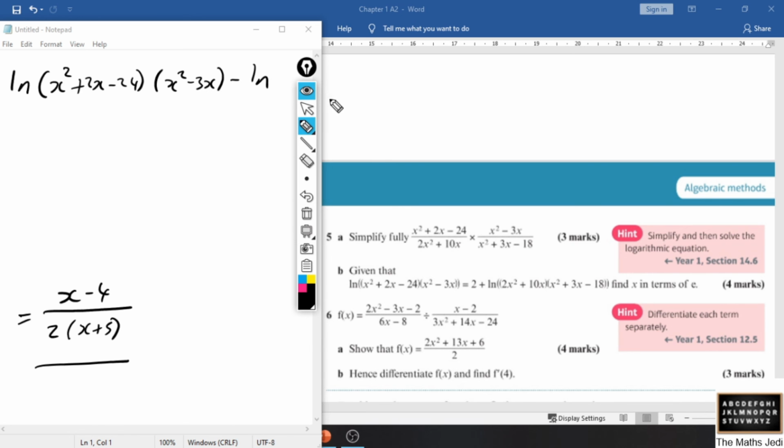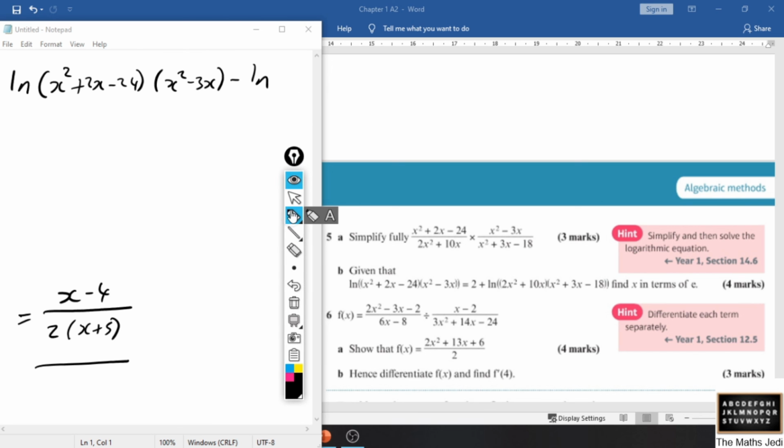So all this stuff's going to move. I need to move my pen. This might go over the page a little bit. Okay, and then again, because we've got two logarithms being subtracted, I can write them as a fraction.